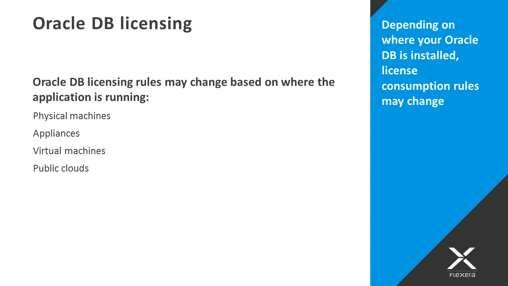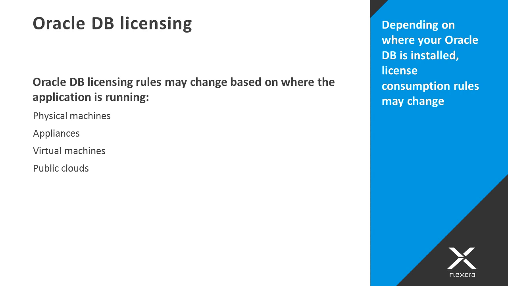And the license rule may change based on where the software and the application is running. These are physical machines, just the bare metal that it's running on. Could be appliances from Oracle, for example, like the Oracle Database Appliance or the Exadata family. Could be on virtual machines and could be on public clouds.